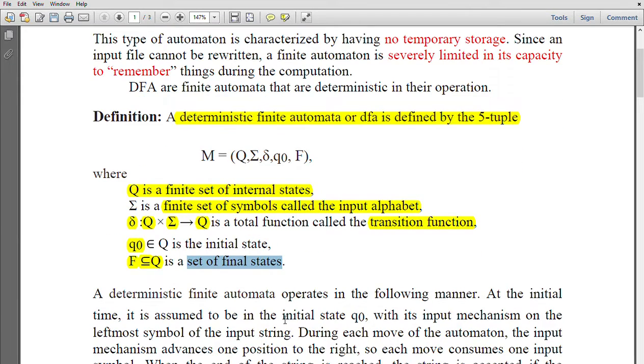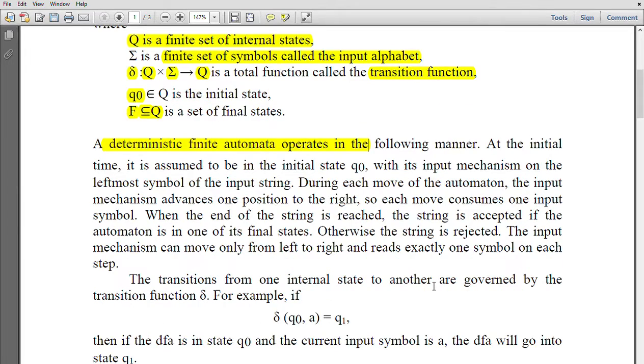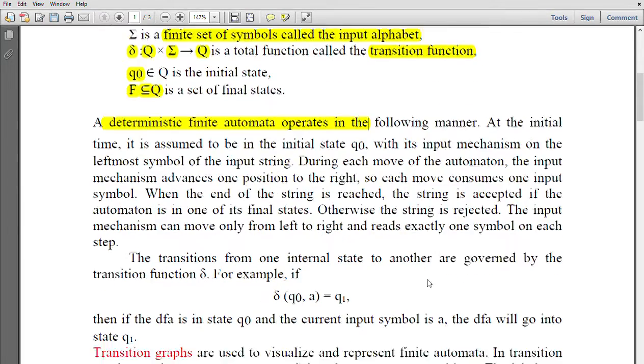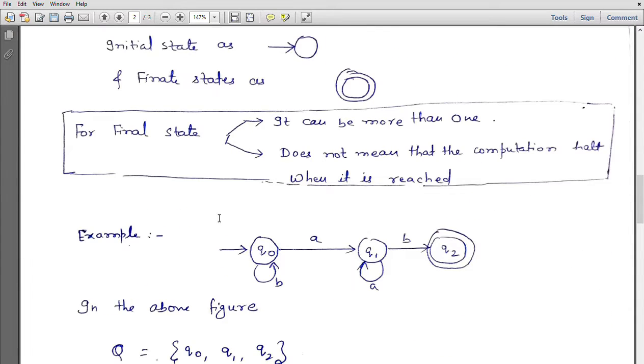So now we will see how this finite automata basically operates. We can see this by a figure also. Suppose this is the example. This is the figure. Here capital Q represents basically three states Q0, Q1 and Q2.